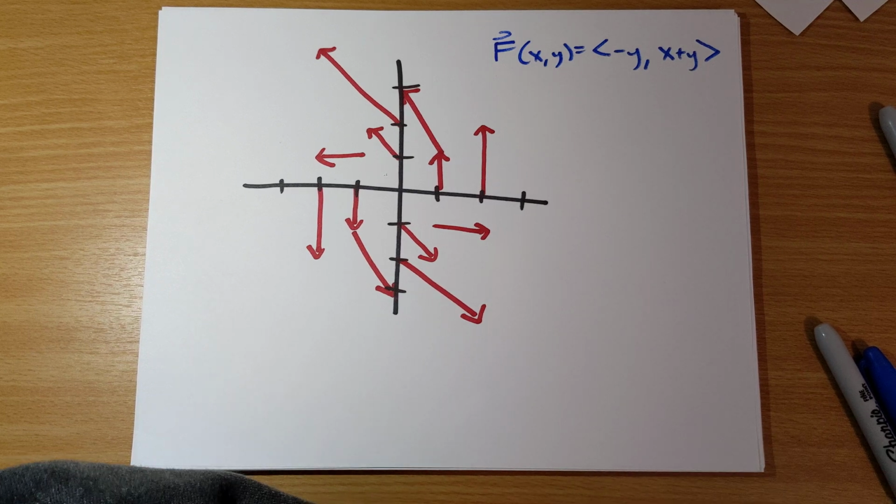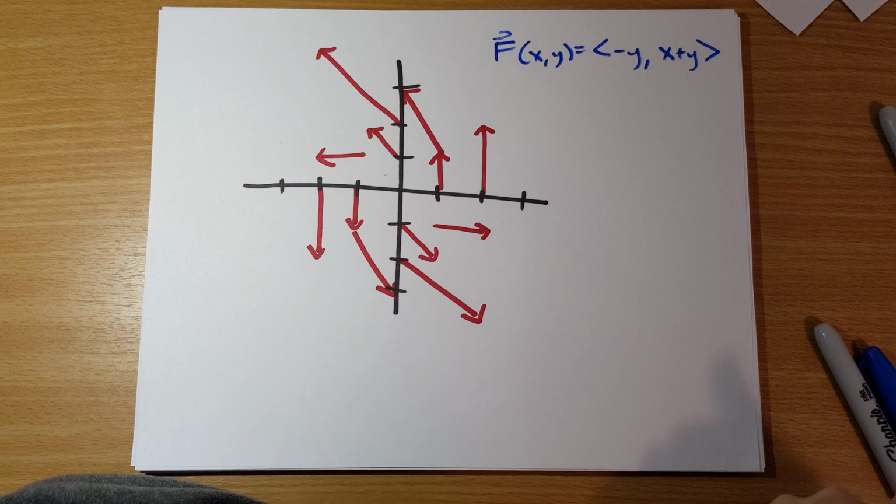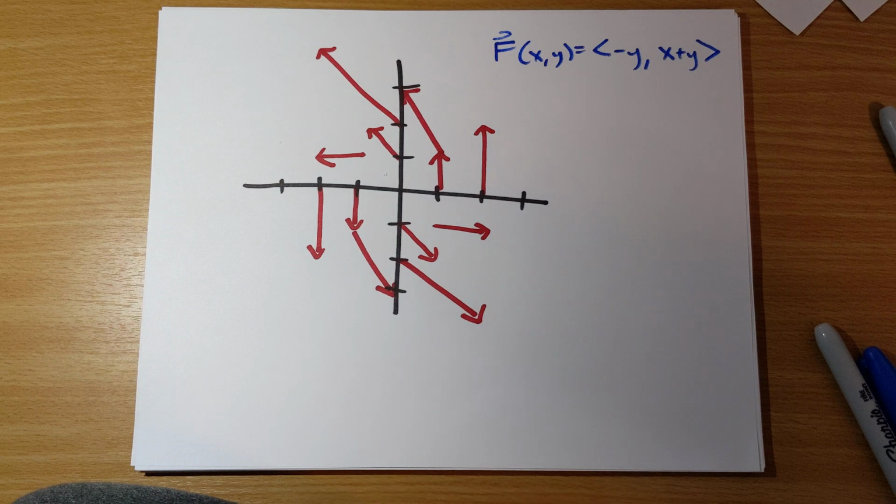Of course, I should emphasize that I'm only drawing the vector field at select points in space. I'm only drawing it at some of the points of the unit lattice where x and y are both integers.